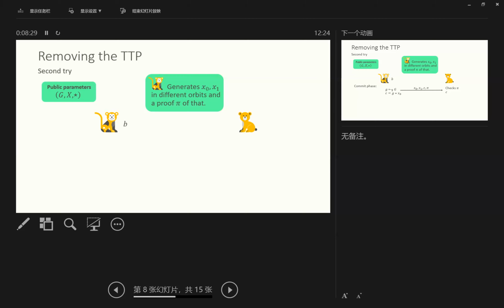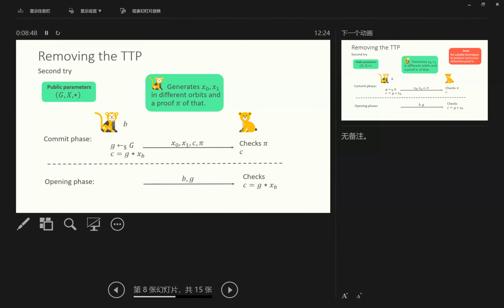Okay, so if the sender can cheat, we will make a proof for the fact that X0 and X1 are in different orbits. So in the commit phase, he commits to the bit B, and he sends X0 and X1, C, and a proof that X0 and X1 lie in independent orbits. Also in the opening phase, the receiver checks, and the opening is as usual.